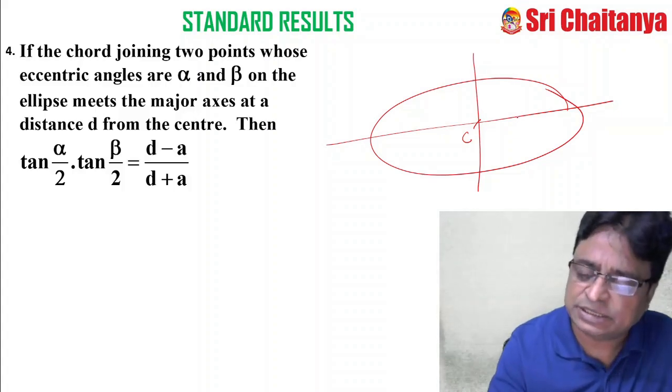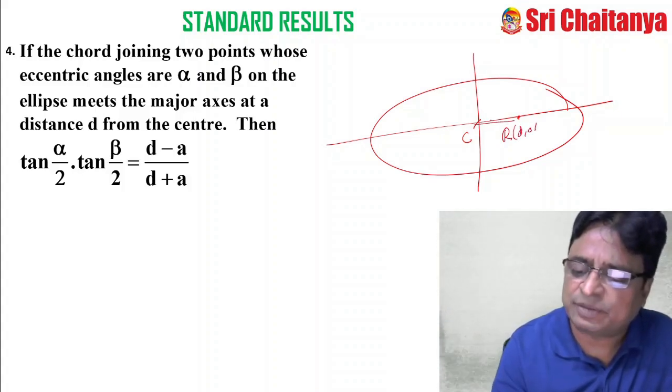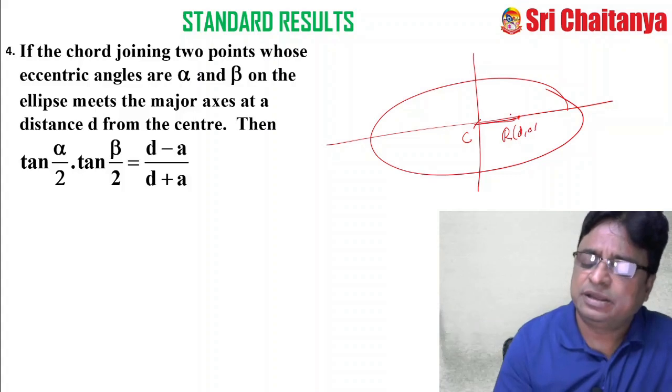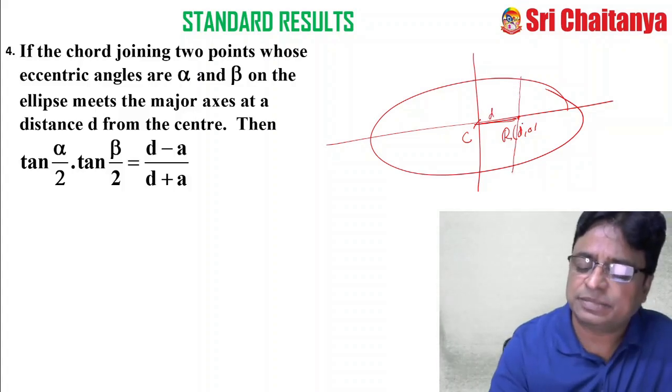That means suppose this is a point R (d, 0). Whenever this is the point (d, 0), the distance between the point and the center is d. And this is the chord, say P of alpha and Q of beta.